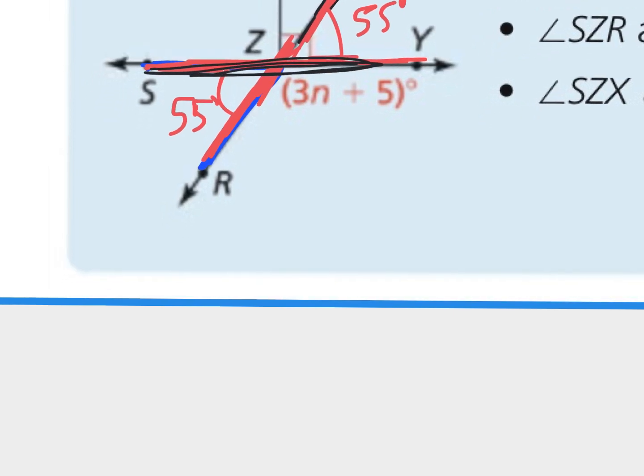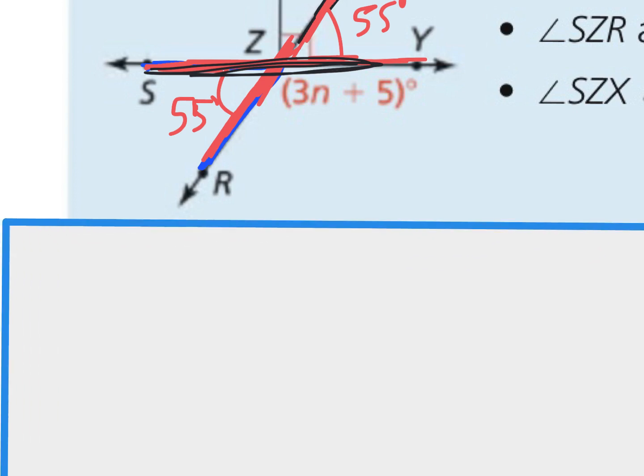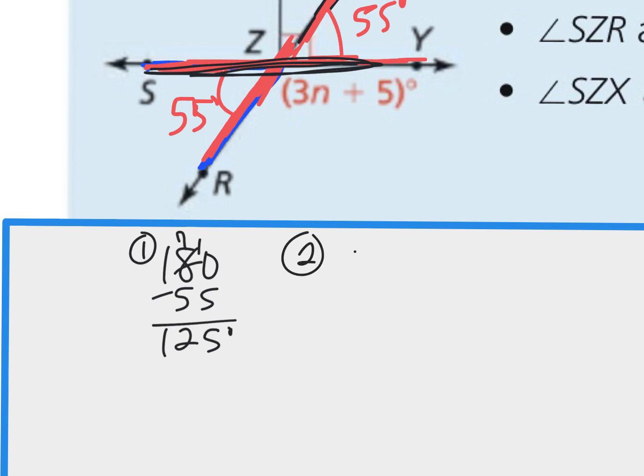So we could either write an equation, or we could just think about what's happening here. Straight line's 180 degrees, so 180 minus the 55 degrees we already have would be 125 degrees. So that's telling us that other angle is 125 degrees. And you can see that it's equal to 3n plus 5.